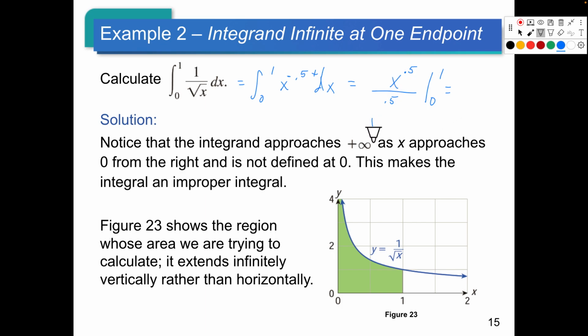So you get square root of 1 over 0.5 minus the square root of 0 over 0.5. Square root of 1 is 1, divided by 0.5 is 2. Square root of 0 is still 0, and 0 over 0.5 is 0, so this should be 2.